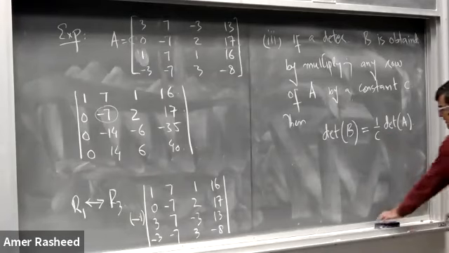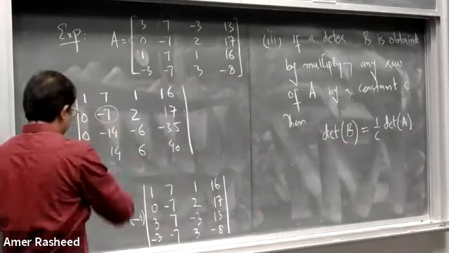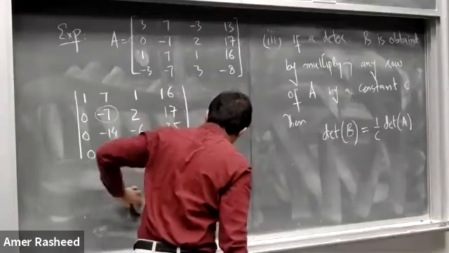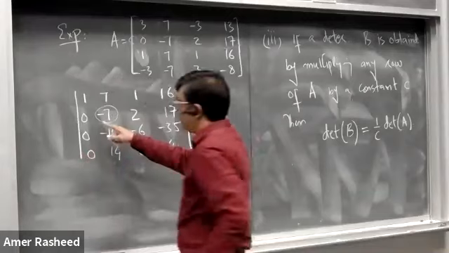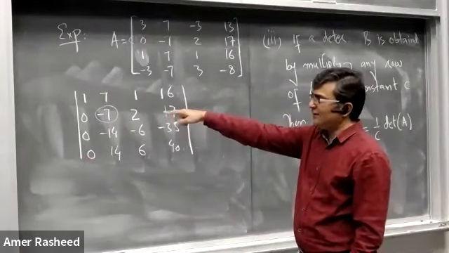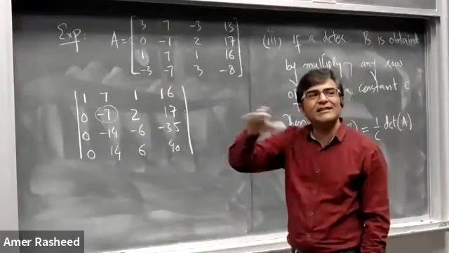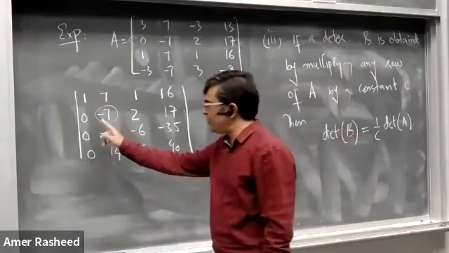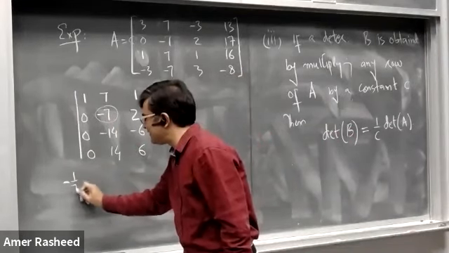It means that if you have to make 1 here and you are going to divide this row by -7, then you have to compensate this constant outside the determinant. So in order to make this one, -1 over 7 times row 2.